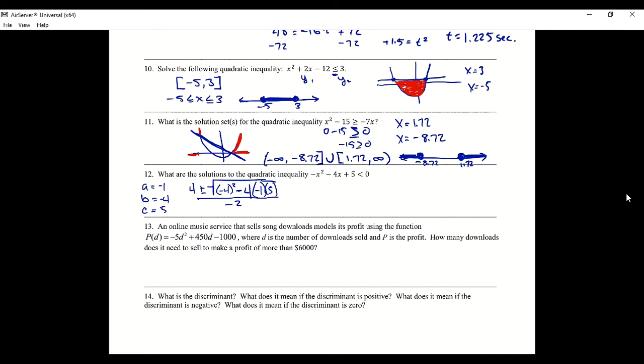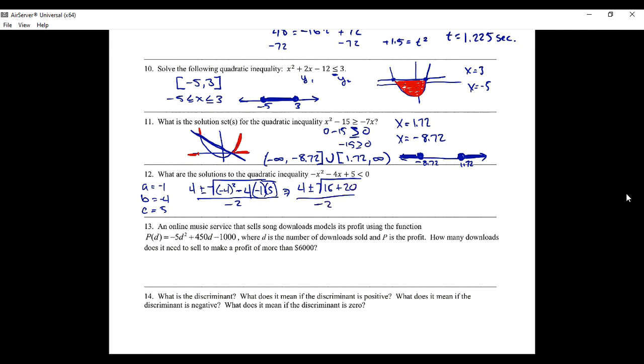It's -1 times 2. So we get 4 plus minus the square root of 16 plus 4 times -1 is positive 4 times 5 is 20.